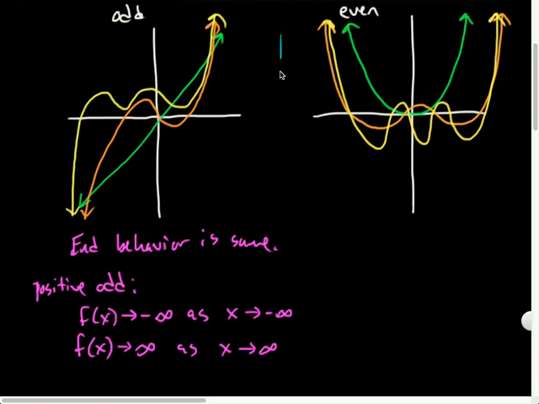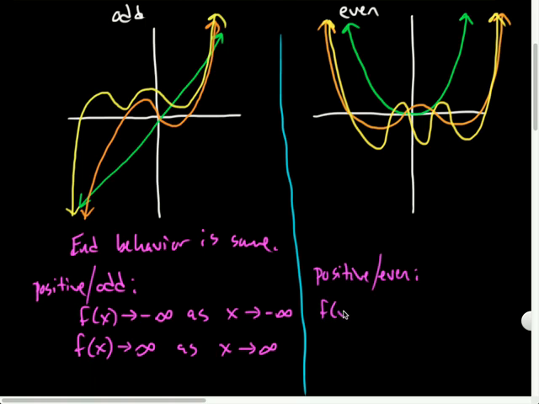Similarly, end behavior is saying positive odd, what does that mean? Positive leading coefficient, but an odd degree. So let's consider what positive even would be. In this case, all of these open up, if I want to use that parabola kind of language that we're used to.